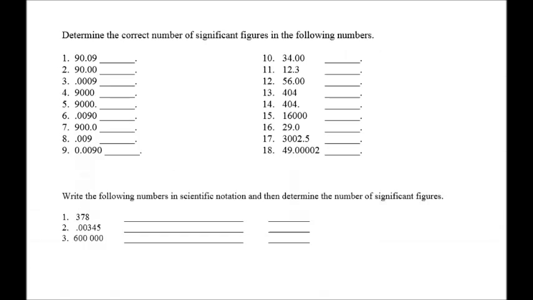So turn to page 18, and in the open area, write down these numbers: 3.84, 3.80, 3.08, 0.008, 0.0800, and 0.00080. And what we're going to do is figure out how many significant figures each of these numbers has.